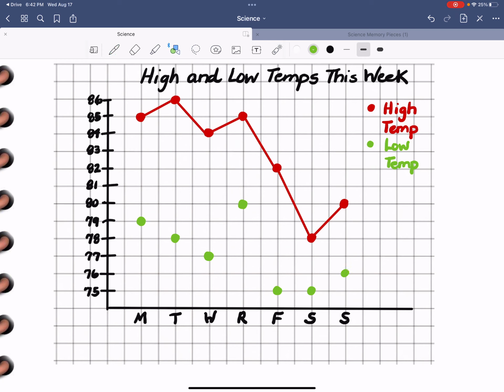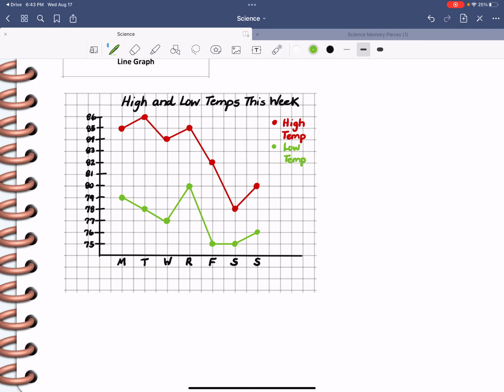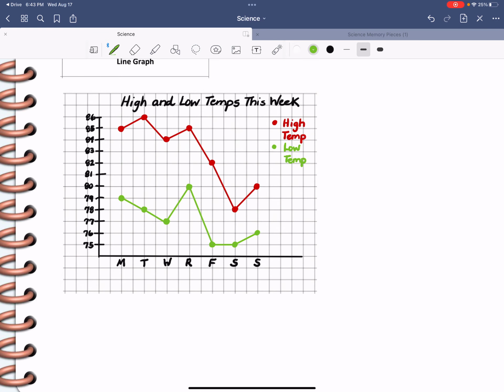And then we connect the dots. We're looking at how something is changing over time. Okay. And those are the low temps. So this is a line graph with two lines that lets you see data running together.